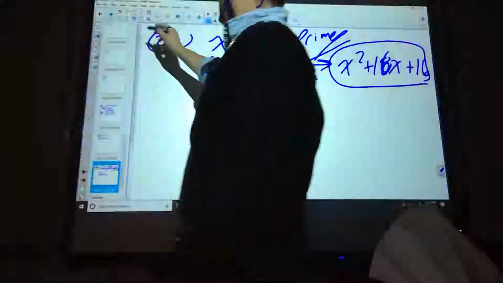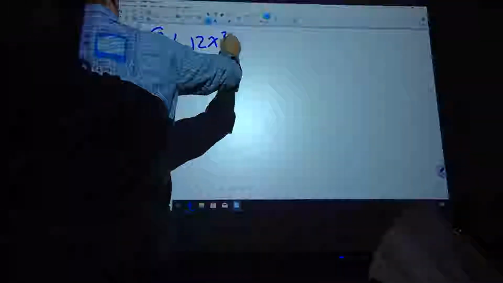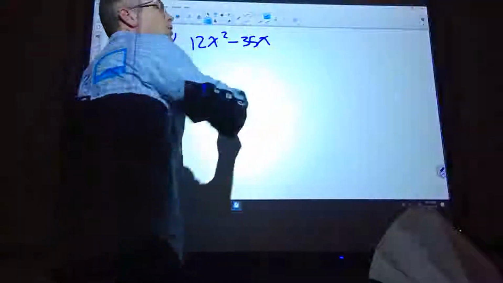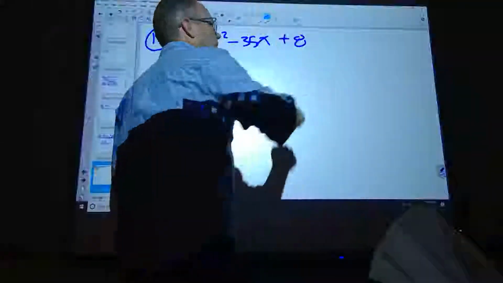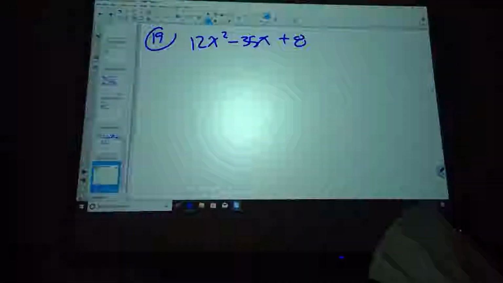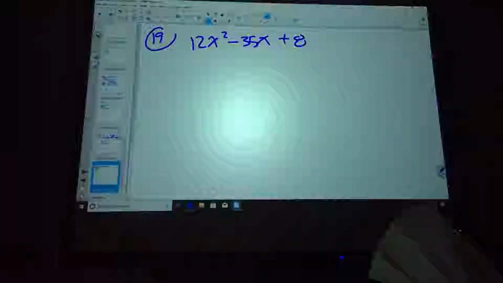19. What does it say? 12x squared minus 25x plus 8. Did you say plus 8? It's not equal to anything? Okay. First thing I would look at on this, nothing's a perfect square and I don't have a common factor. I can't factor out anything. So this is one I would do by the longer method.